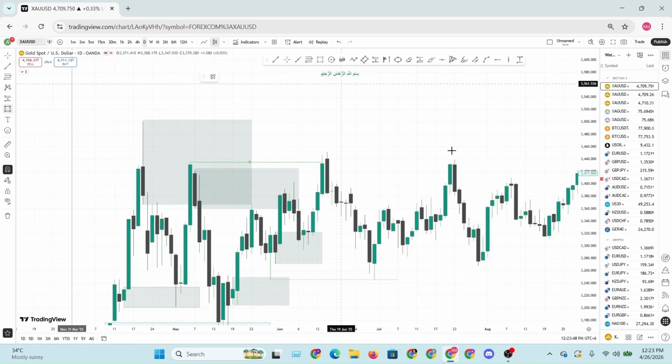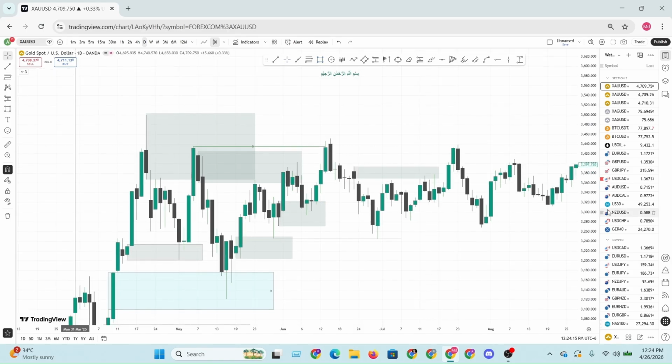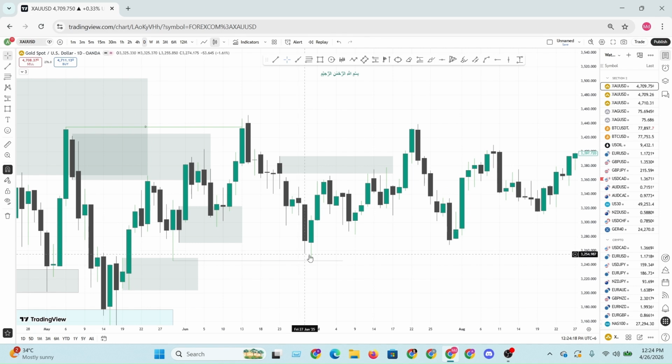But see what the market did from this liquidity to this POI. Okay, first see the volume gap. This is the volume imbalance I'm talking about. So this liquidity to this volume imbalance, and this volume imbalance to this POI.